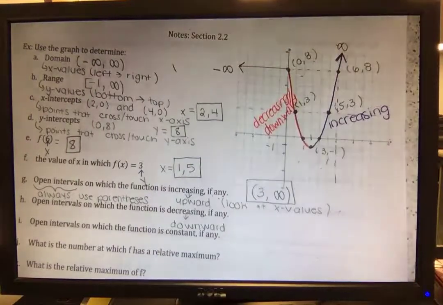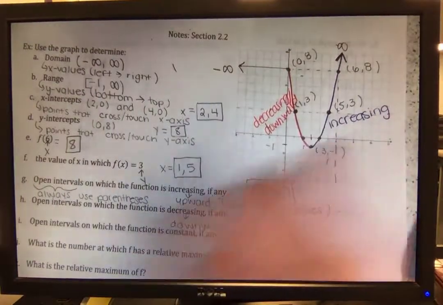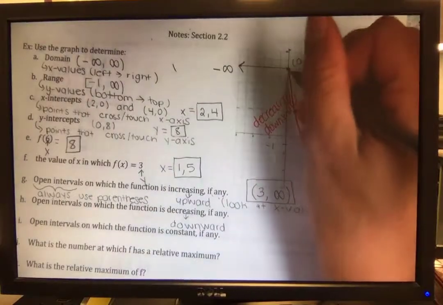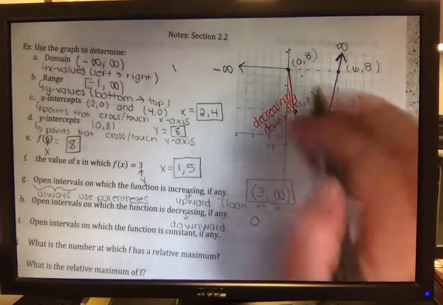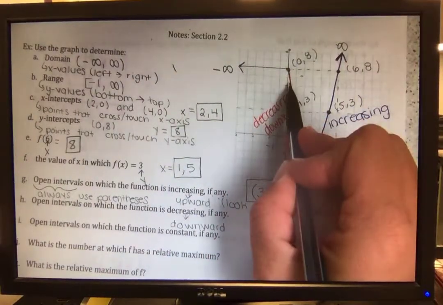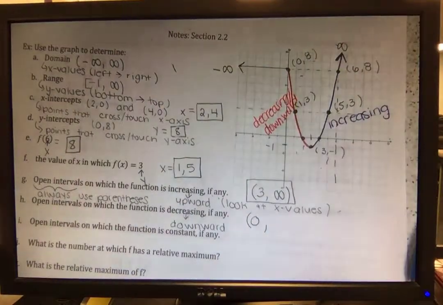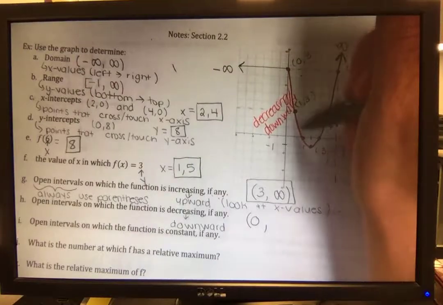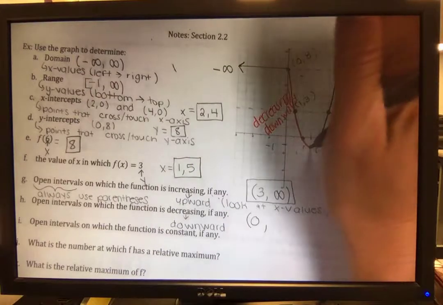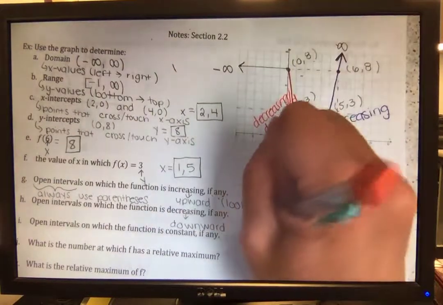So where is it going downward? Starting at our x value of 0. At 0, it's staying constant, and it starts to decrease. So we don't want to include that point because it's changing there. And then it stops going downward. It stops decreasing at our x value of 3.